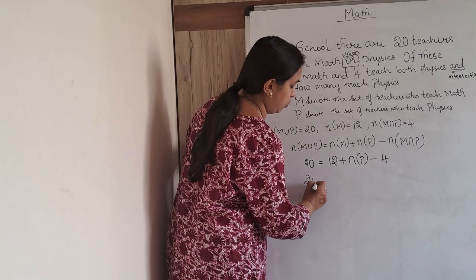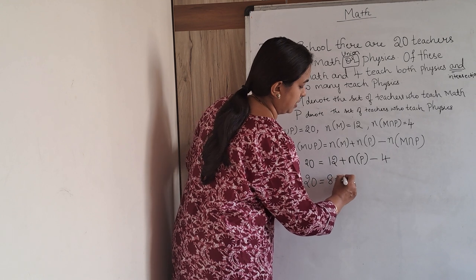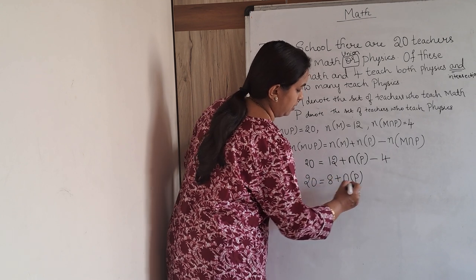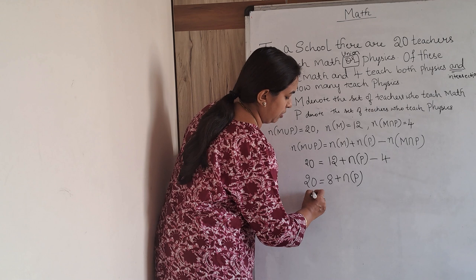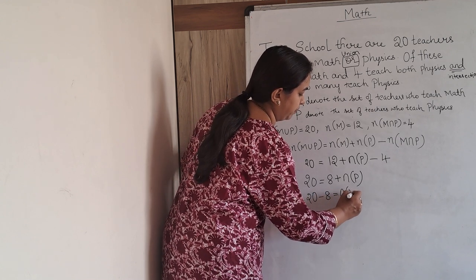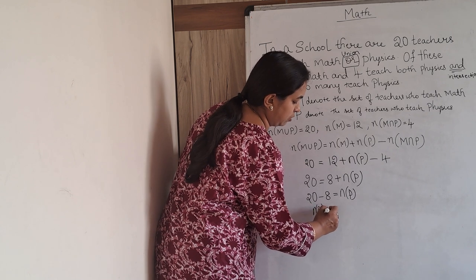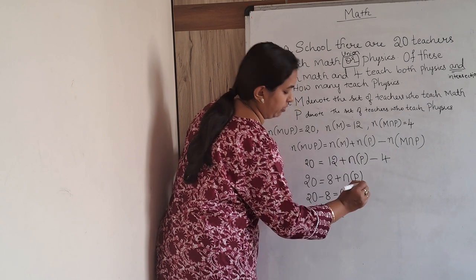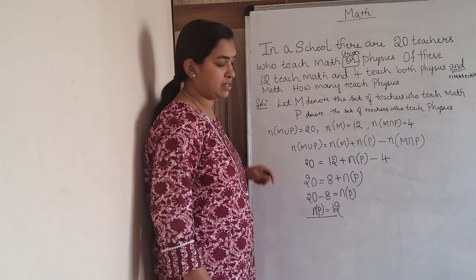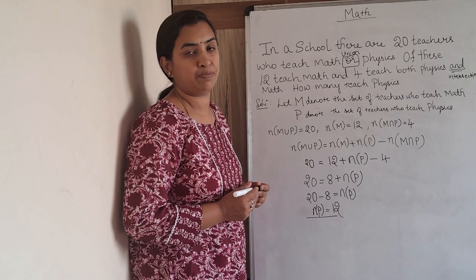So 20 is equal to 8 plus n of P. So 20 minus 8 is equal to n of P. Therefore, n of P is equal to 12. That means the number of teachers who teach only physics is 12.